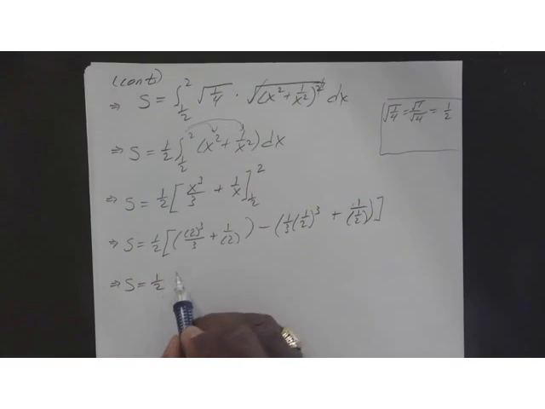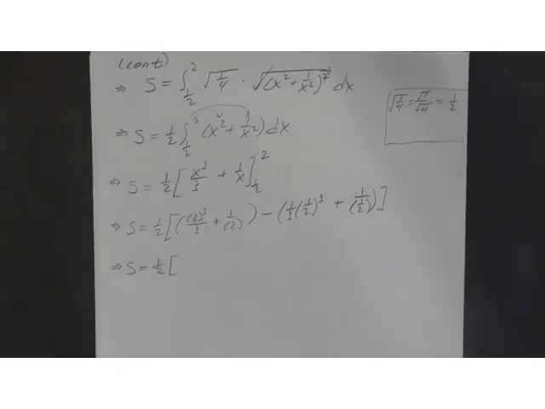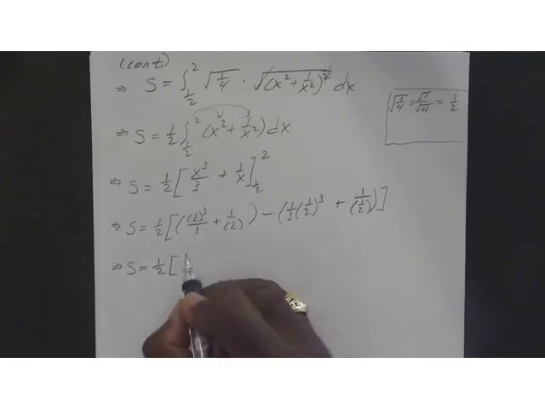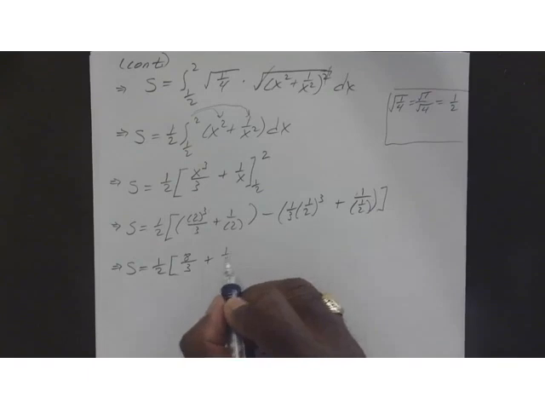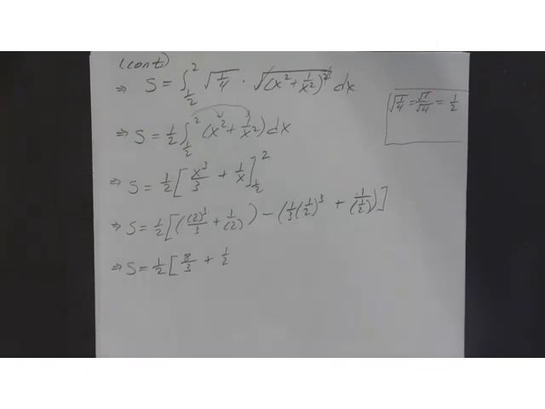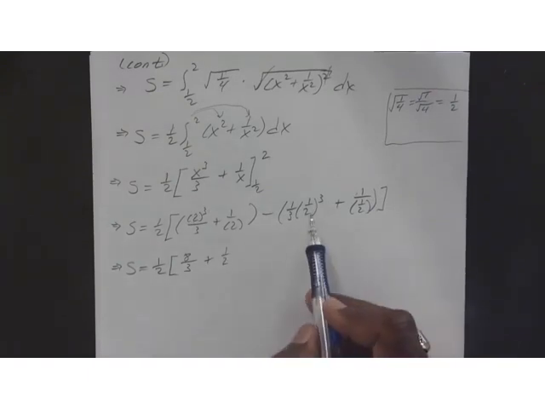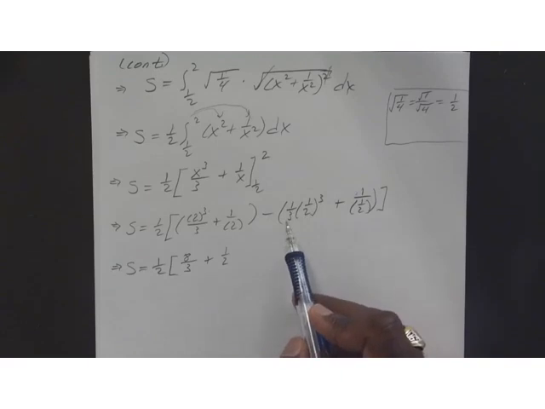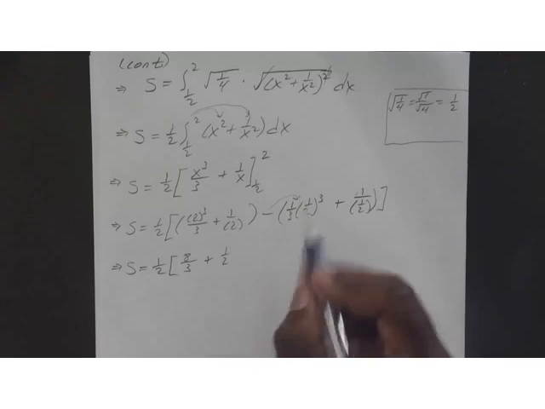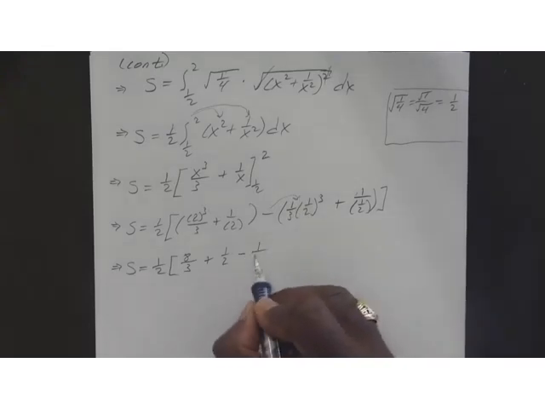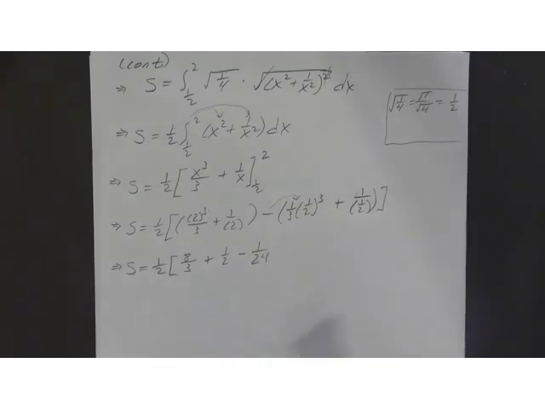Okay, so our arc length is equal to 1/2 times 2 to the third power. 2 times 2 times 2 is 8. Plus 1/2. And 1/2 to the third power, 1/2 times 1/2 times 1/2 is 1 over 8. And 8 times 3 is 24, so that's 1 over 24. Distribute that negative, and that becomes minus 1 over 24.